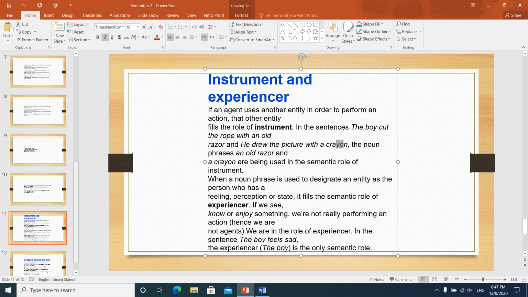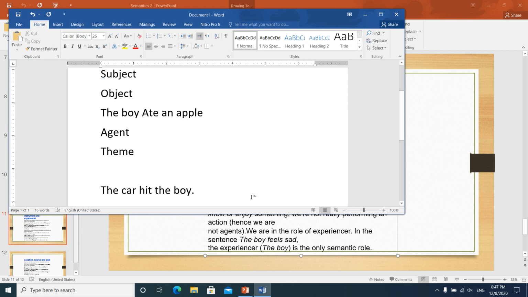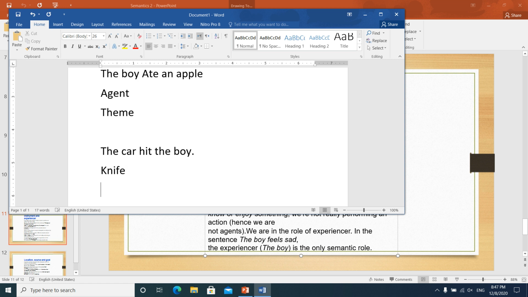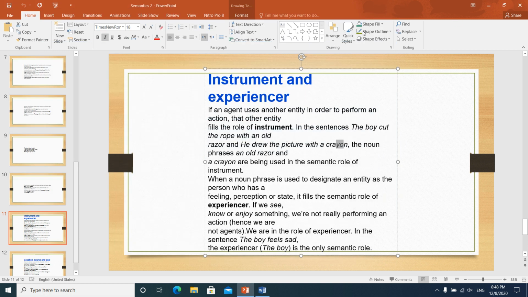You know these things: razor, crayon, knife, and so on. These are instruments. We cut meat by a knife. The word knife is called an instrument. So the role played by knife in such a sentence is the role of an instrument. Even in Arabic, instrument means a tool.